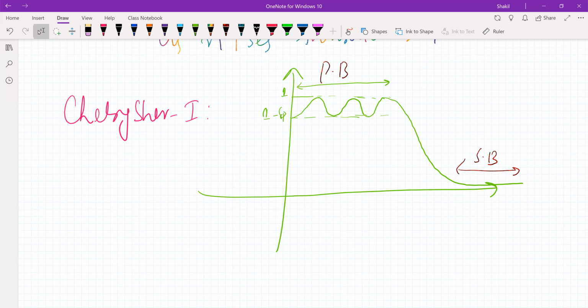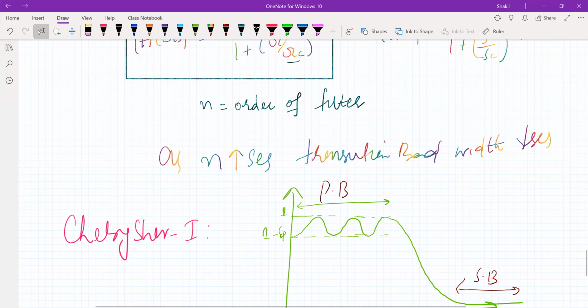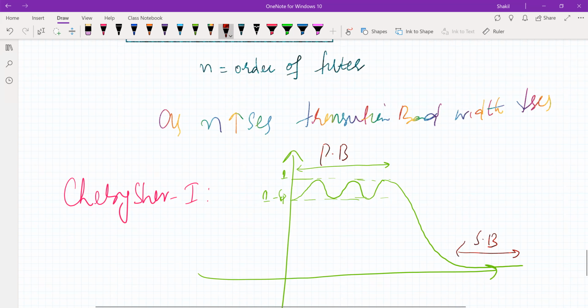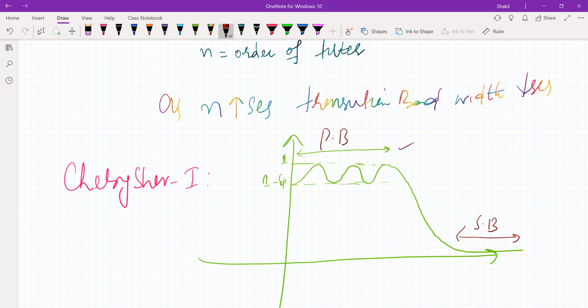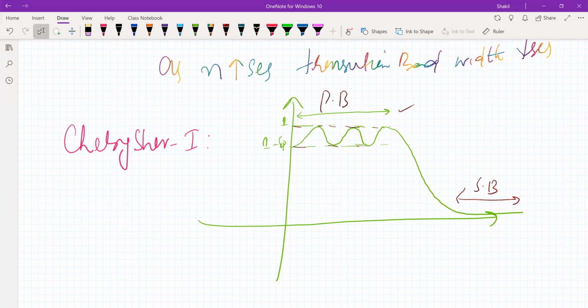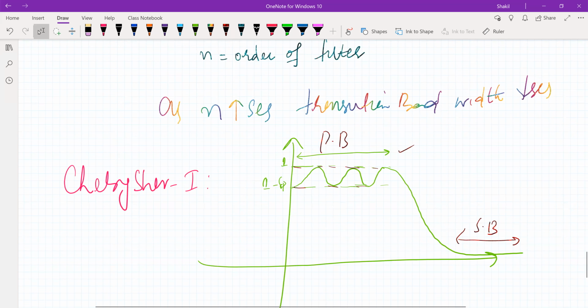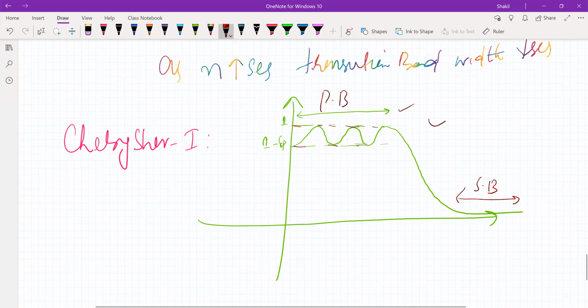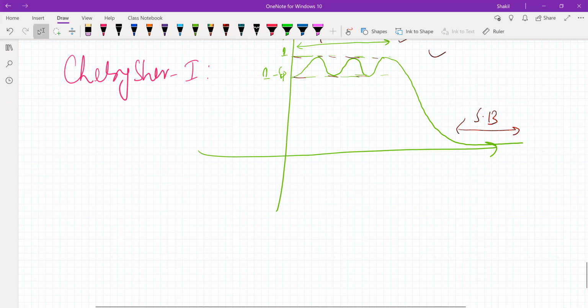Although flatness is very important for applications, especially in communication, if we are okay with the ripple in the pass band, then we can decrease the order of the filter very much, and we will have a sharper cutoff for the same order compared to the Butterworth filter. So the first thing is, why do we allow the ripple in the pass band?